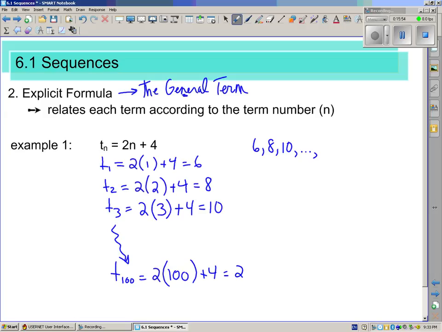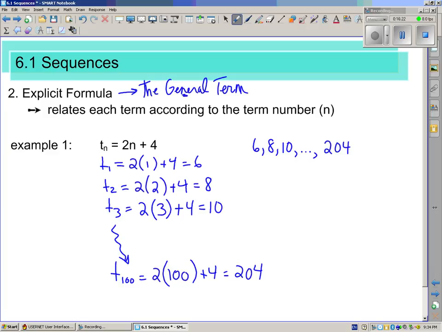So this gives me 204. So I know that term number 100 has a value of 204. See how powerful the explicit formula is, or what you would know as the general term. It's very powerful for me to just say, I want to know this term of the sequence.